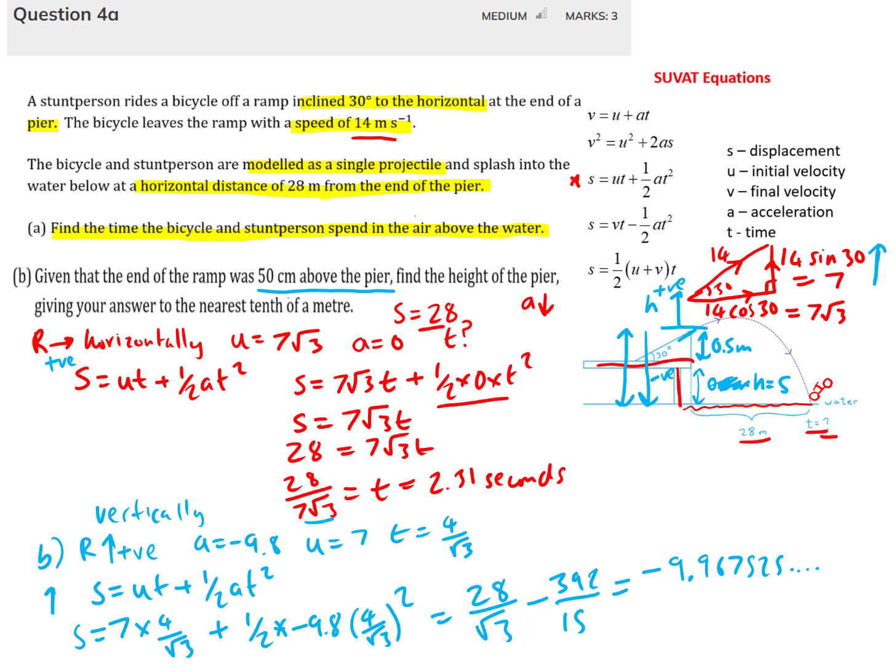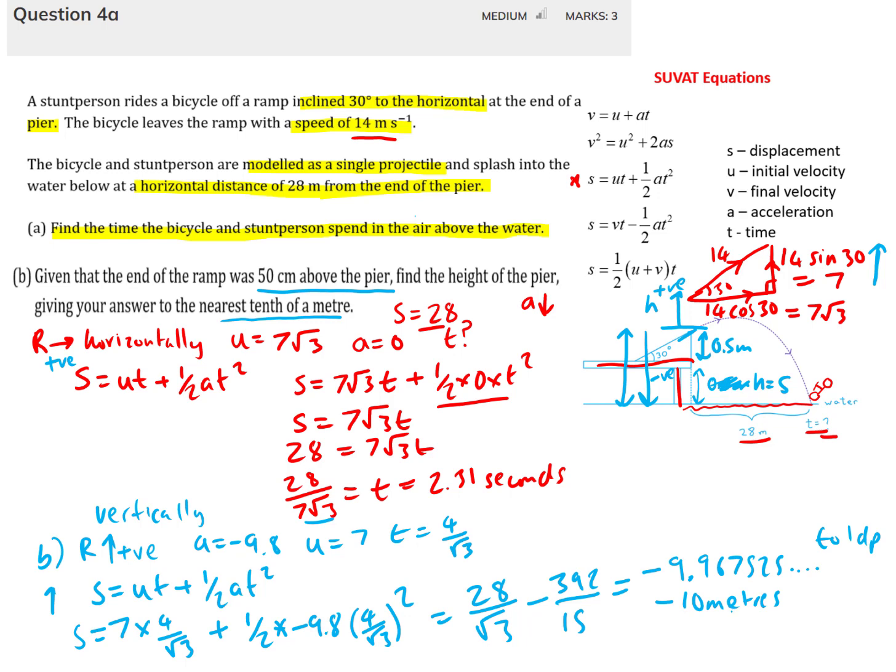Now find the height of the pier given your answer the nearest tenth of a metre. Well, to the nearest tenth, so to 1 decimal place, that actually rounds up to minus 10 metres.